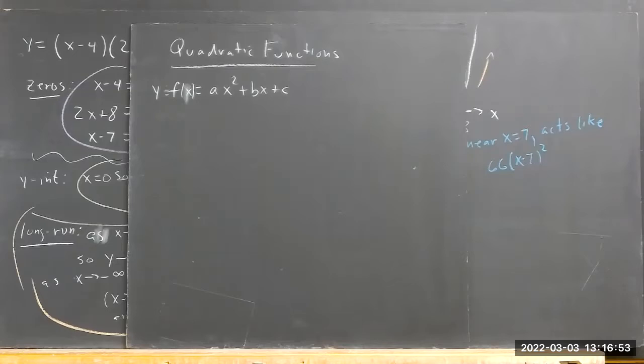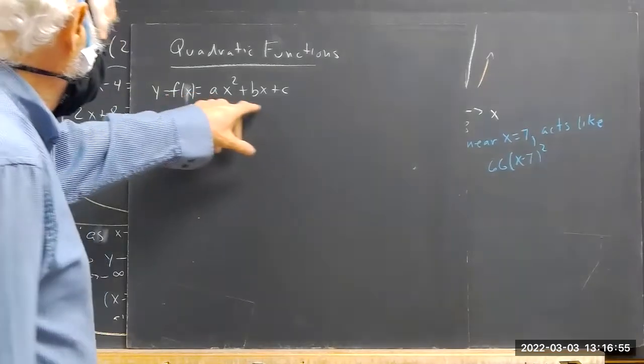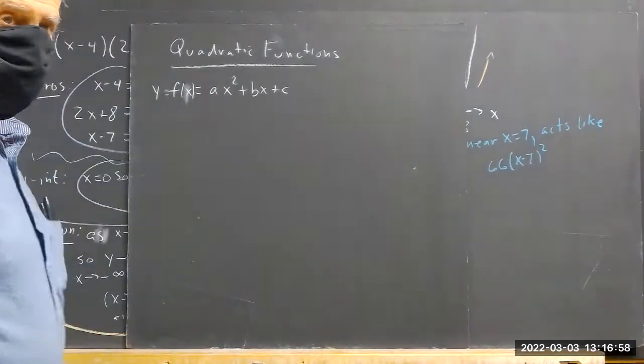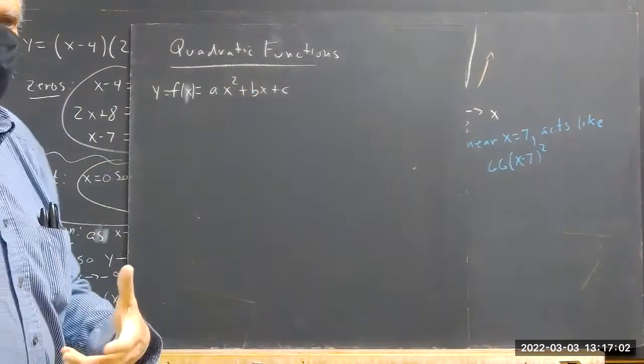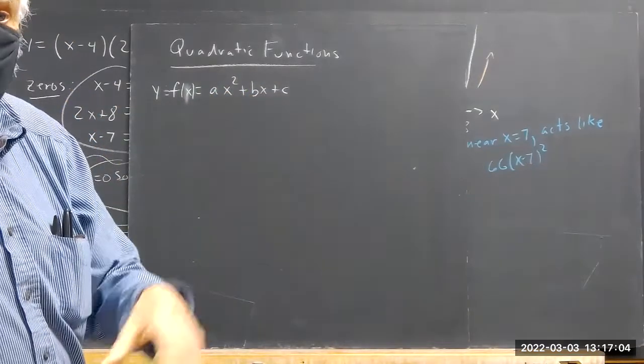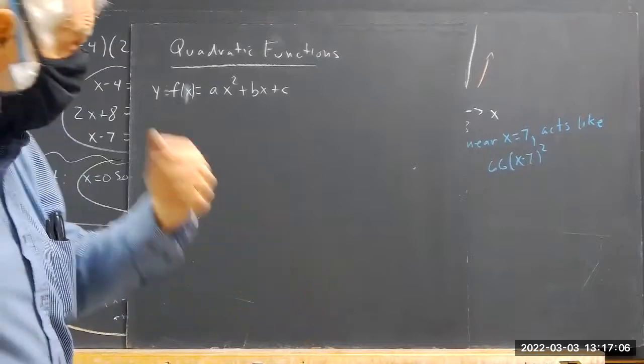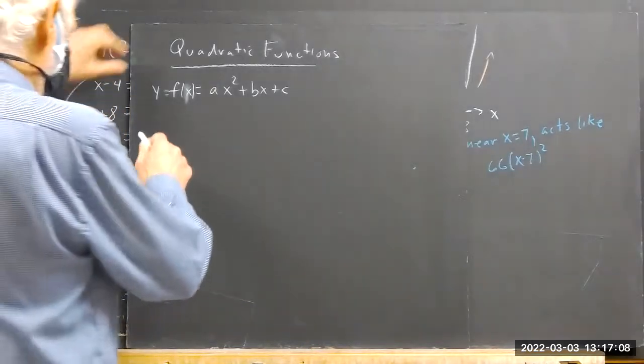Okay, quadratic functions, the function of the form y equals f of x equals ax squared plus bx plus c. Of course, you know what the quadratic formula is, and you know that the quadratic formula tells you where the function is 0 and all that stuff, right?